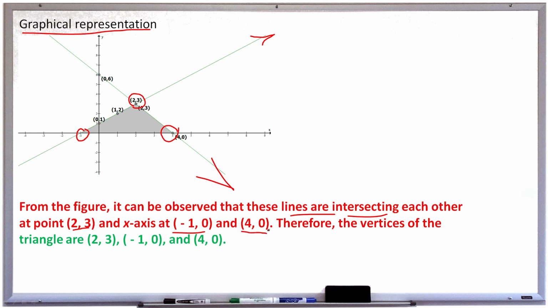The x-axis it intersects in two different points. Therefore the vertices of the triangle are 2, 3, minus 1, 0 and 4, 0. So we are getting the triangle after drawing the graph.